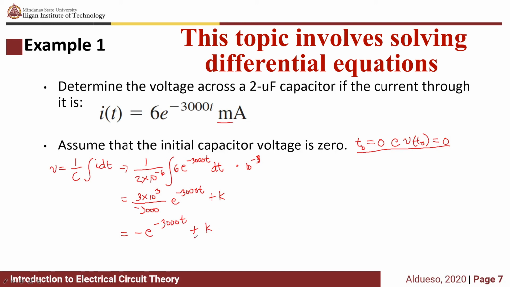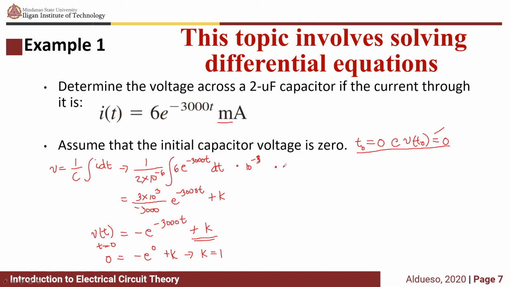So how do we find the value of k? We are given this initial condition. At t equals 0, v is 0, so we have negative e to the 3000 times 0, which is negative 1, plus k equals 0. So the value of k is equal to 1.